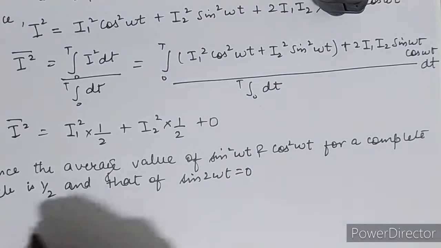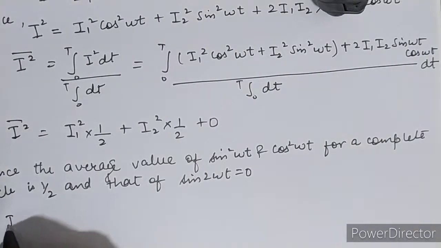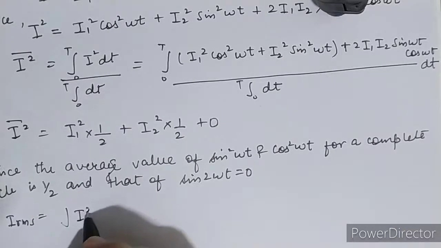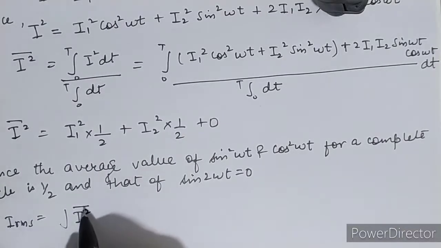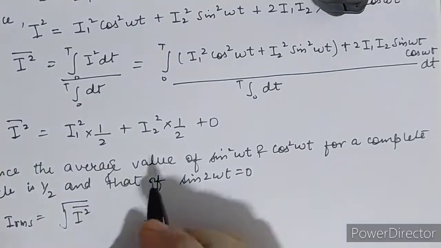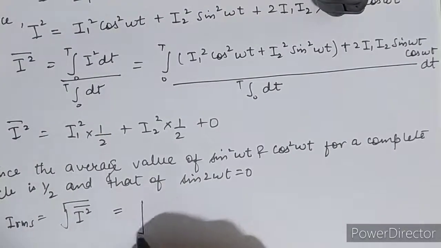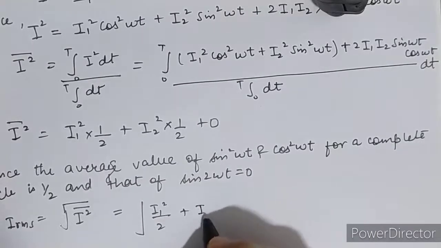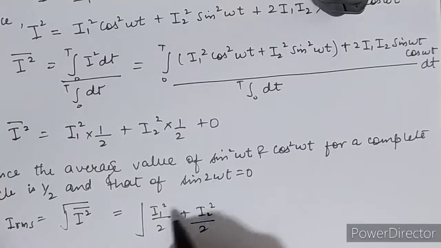Okay, so IRMS is equal to, now we have done the square, we have done the mean, now we have to take the under root. So your under root value will be I1 square by 2 plus I2 square by 2.